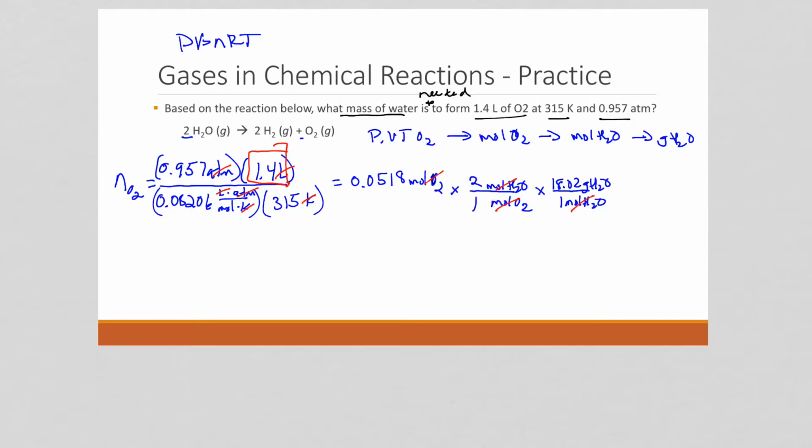So let's go ahead and plug in those numbers and do the math. So 0.0518 moles times 2 divided by 1, and then times our molar mass. And to 2 significant figures, we end up with 1.9 grams of water.